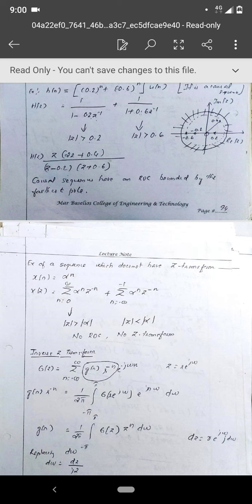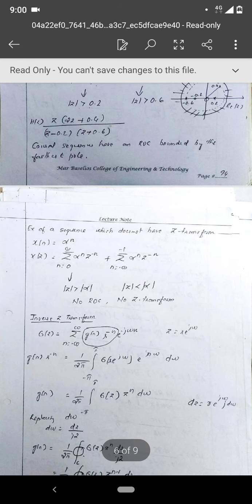It is similar to alpha raised to n u of n, because u of n is accounted for in the summation from n is equal to 0 to infinity. So this sequence is equivalent to alpha raised to n u of n, and we know the result and the ROC. For a causal signal, the ROC will be outside the radius. The radius here is alpha, so mod of z is greater than alpha.